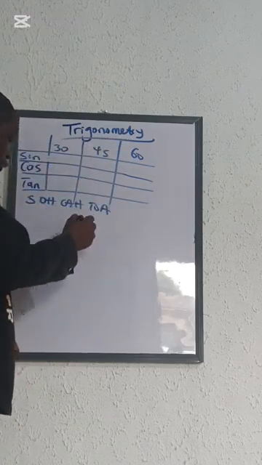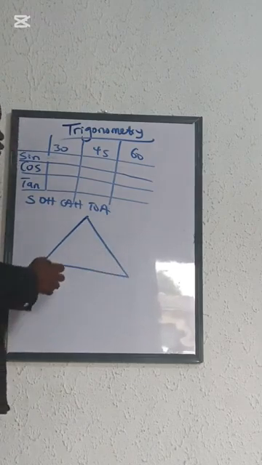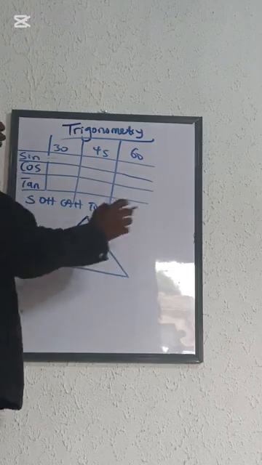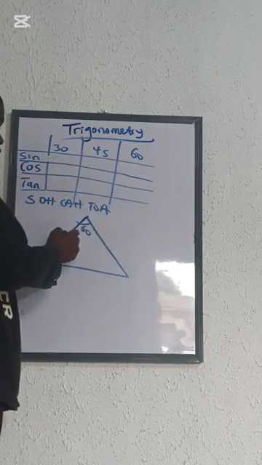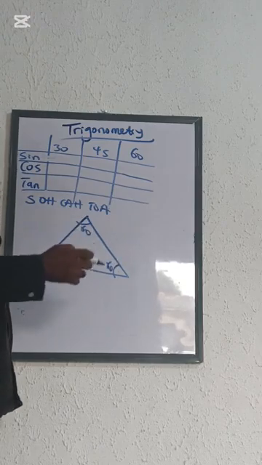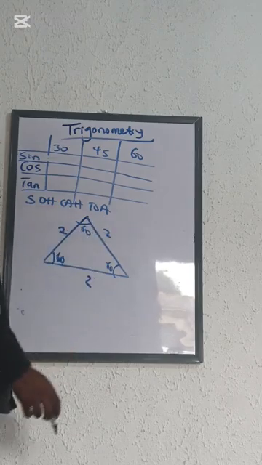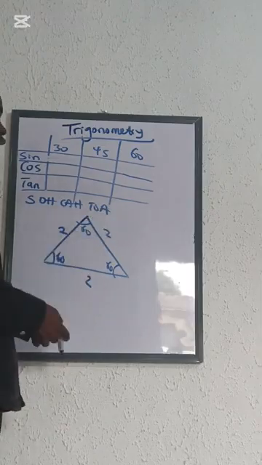But first, let's look at this. Let's assume this is an equilateral triangle, meaning all the sides are equal. If all the sides are equal, it means all the angles are equal. So let's assume each side is 2.